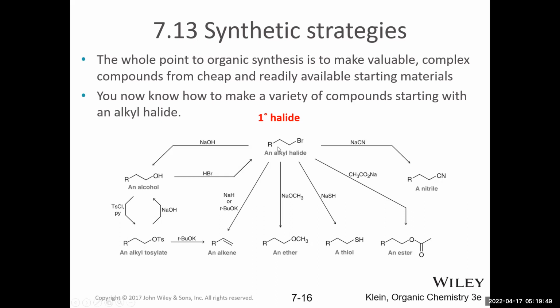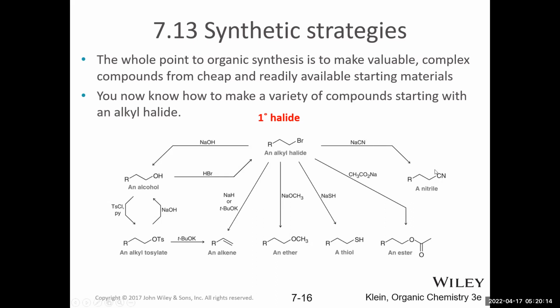So previously we talked about with a primary alkyl halide, SN2 reactions are very fast. So you can see there's four different examples of SN2 reactions here to give different products. Notice the functional groups are labeled. This is our first introduction to really making different functional groups, starting from an alkyl halide.